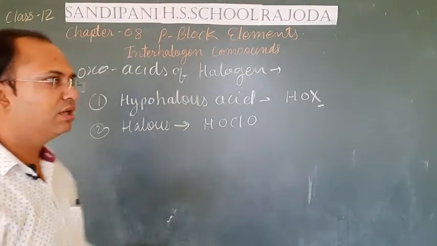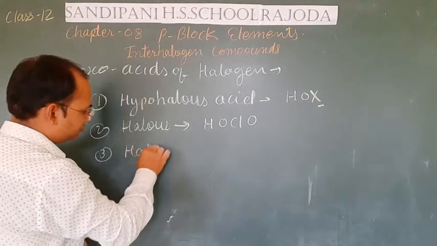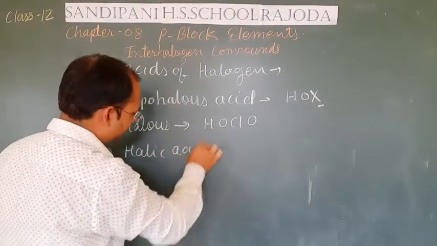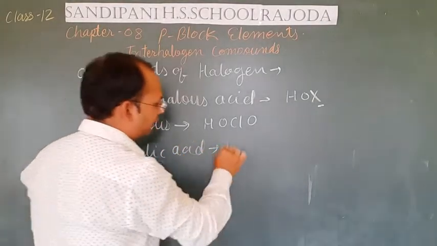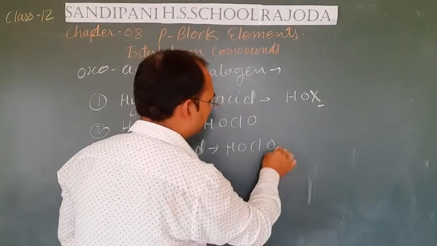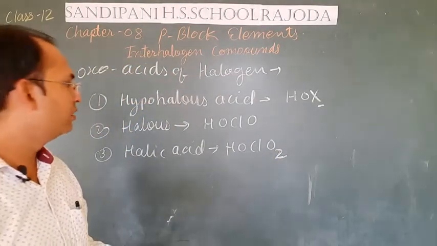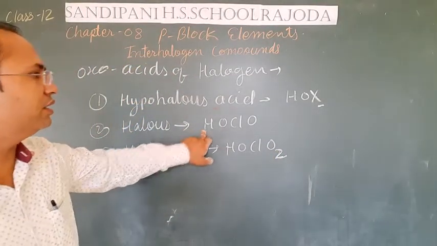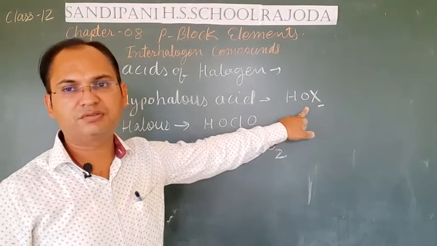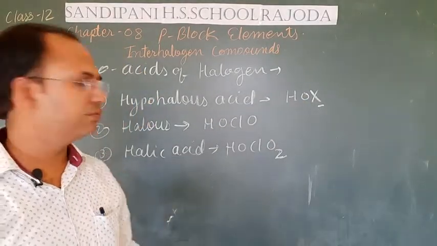Third is halic acid, HOClO2. The quantity of oxygen is increasing here. Here it can be fluorine also, because fluorine makes HOF type of oxo acid also.